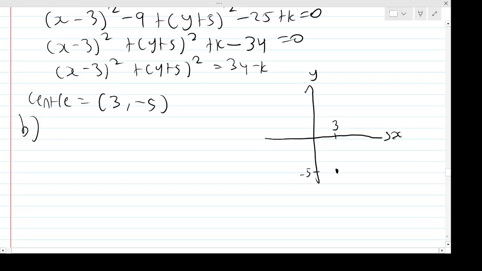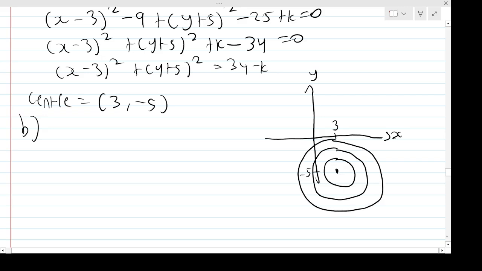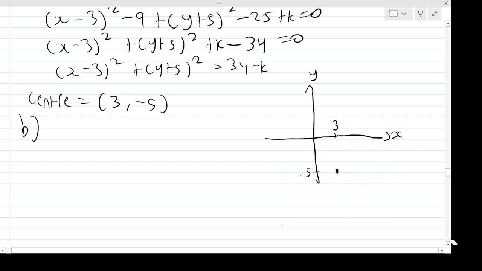So let's consider a bunch of radii. If I expand the circle outwards, and then do it again, eventually it will reach up there. But when does that happen? Again, consider the radius. It goes from the centre, and it touches the x-axis when the distance between the centre and the x-axis equals the radius.